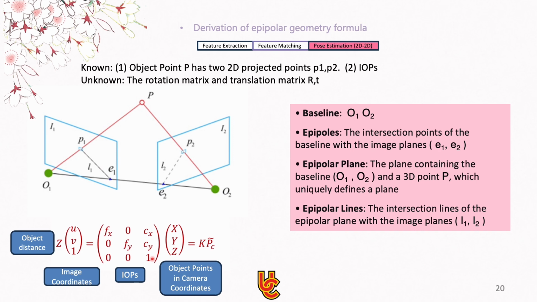That's the principal point and the focal length f. These coordinates are the object point in the camera coordinates, like P in the O2 camera coordinates and P in the O1 camera coordinates. UV is the image coordinates for pixels P1 and P2, and Z is the object distance. This Z is the same as the Z in the camera coordinates.